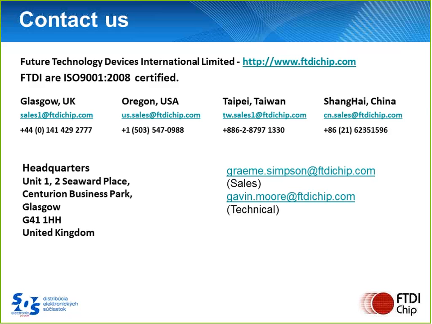So we've actually got some information here about the refresh rates as well, relating to the earlier question. For the QVGA, the 480 by 272, the refresh rate is 60 Hz for a typical configuration.